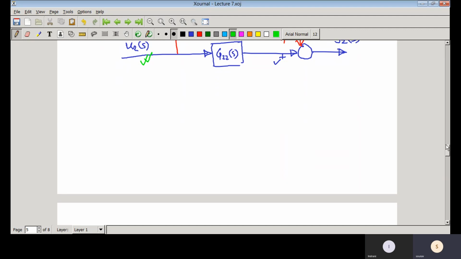So let us just take one simple example: how to find the transfer function.